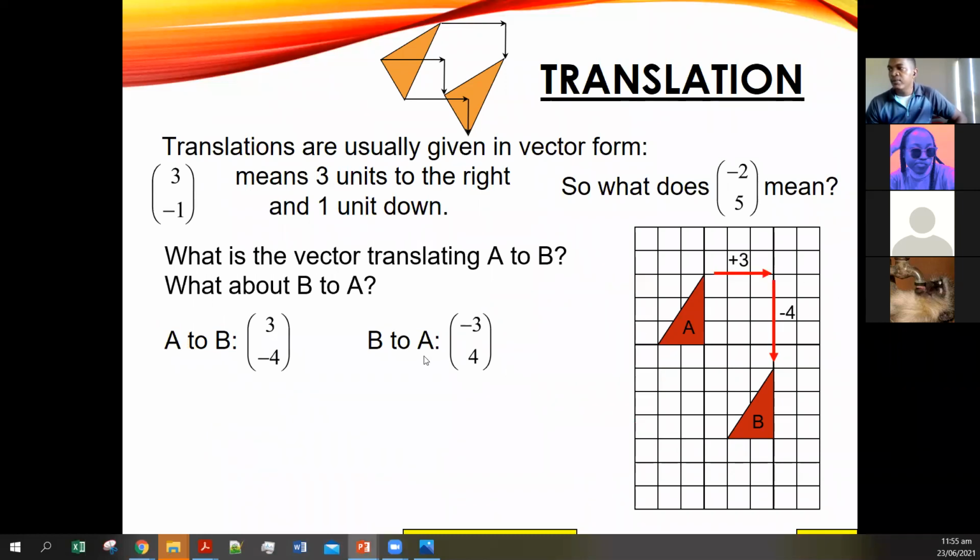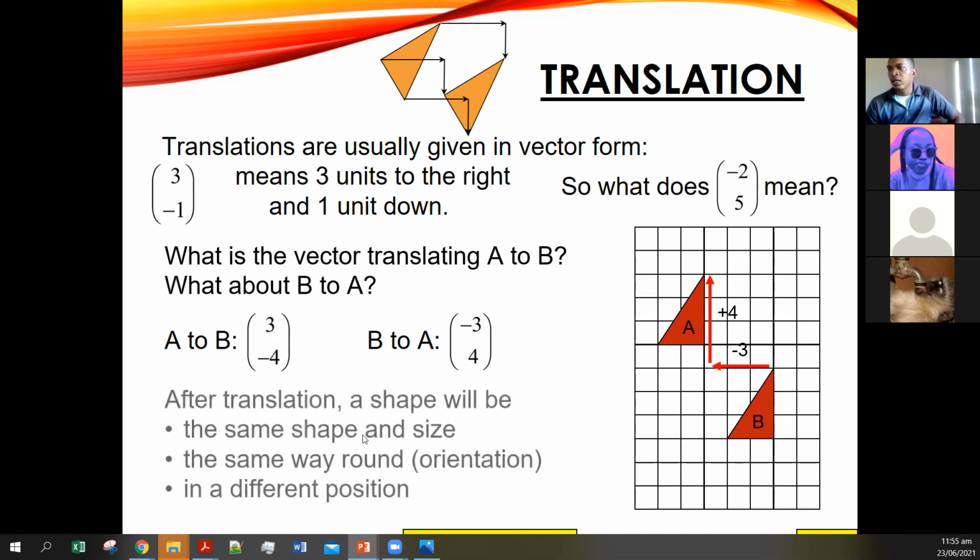So the diagrams here are just explaining what I drew in. They selected a different point, and it still produces exactly the same answers. After translation, a shape will be the same size and the same way round, the same orientation, in a different position.